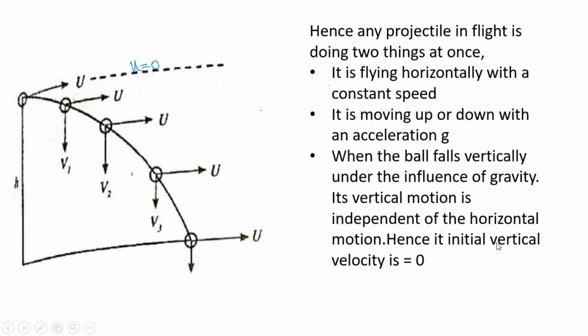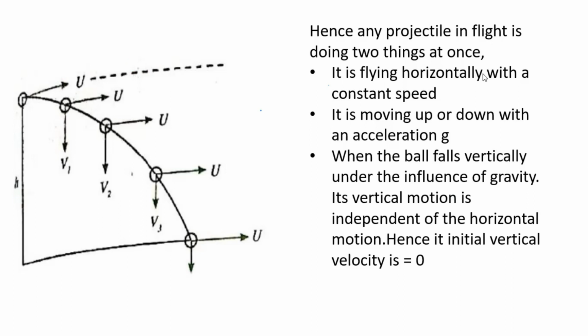Hence, its initial velocity is zero. When you say an object is projected horizontally, what comes to your mind is that the initial vertical velocity is equal to zero.